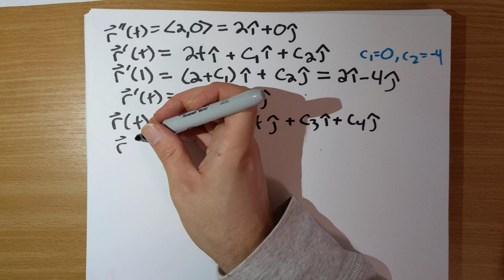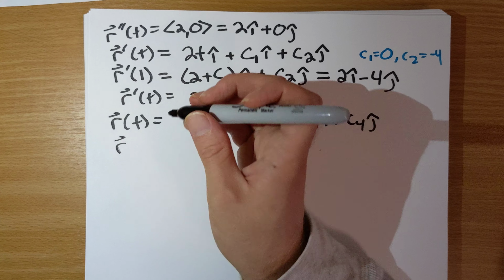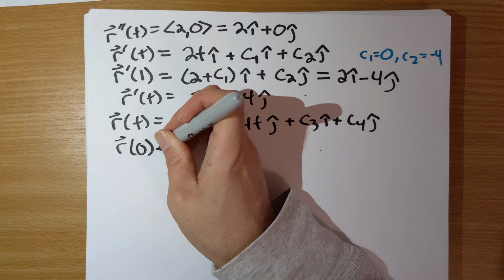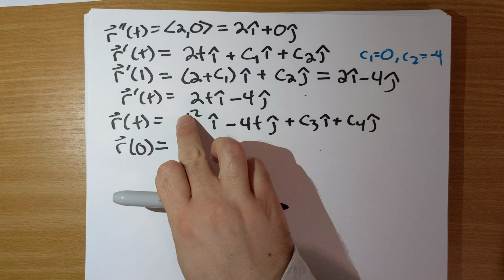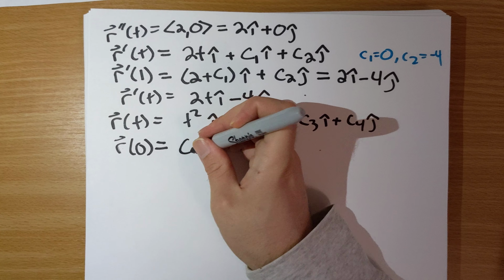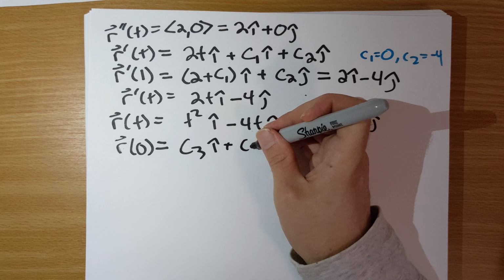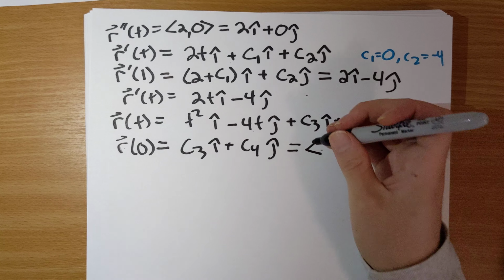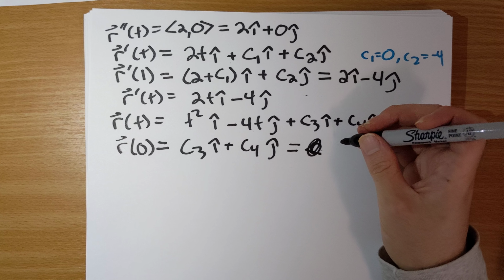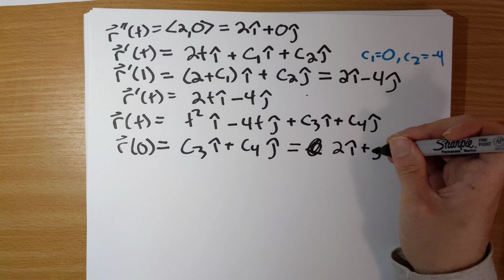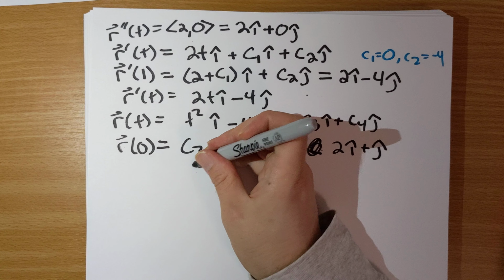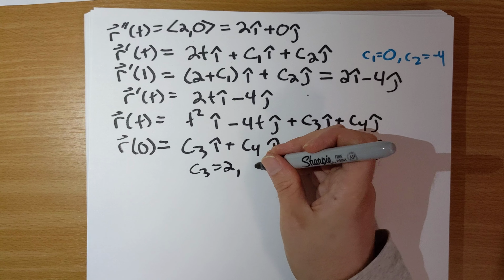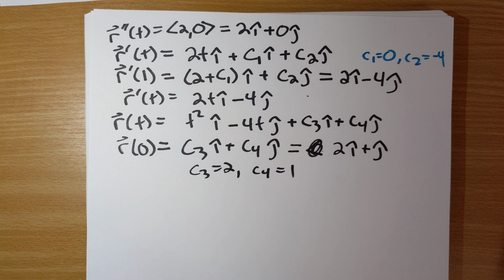And r of 0, we're given r of 0. Plug in 0 for t, and those terms are just 0. We get C3 i hat plus C4 j hat. From the problem statement, r of 0 is 2i hat plus j hat. So C3 is 2 and C4 is 1.